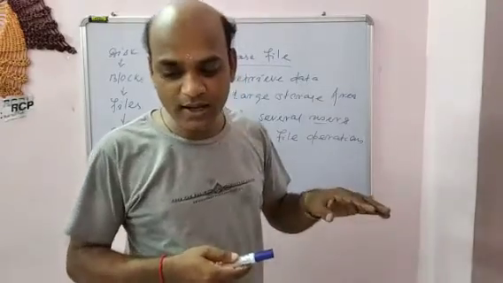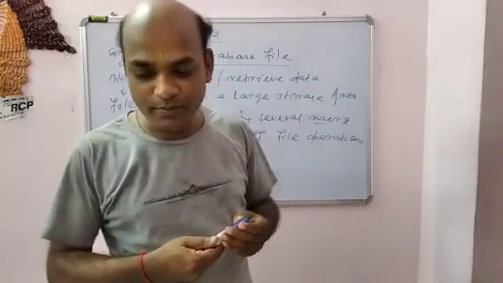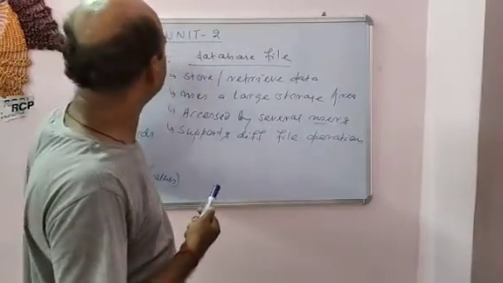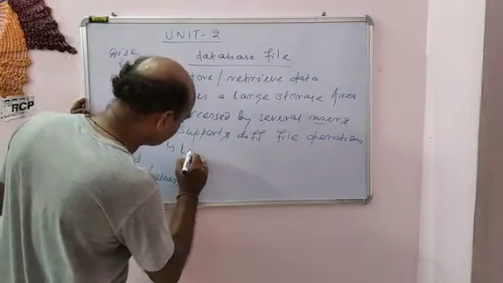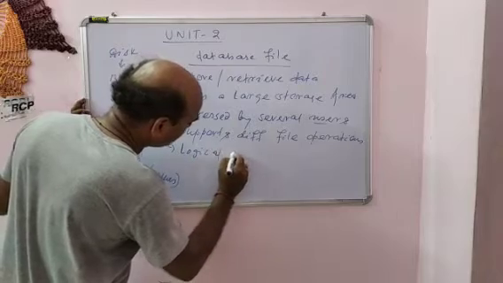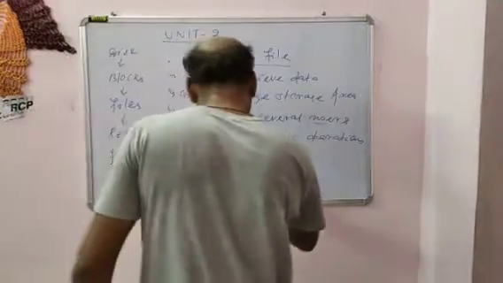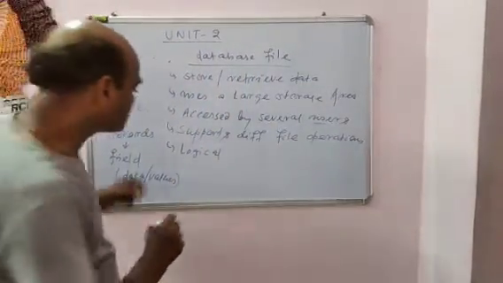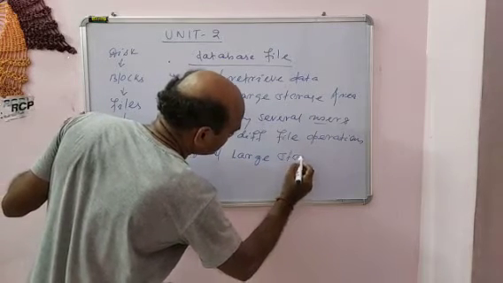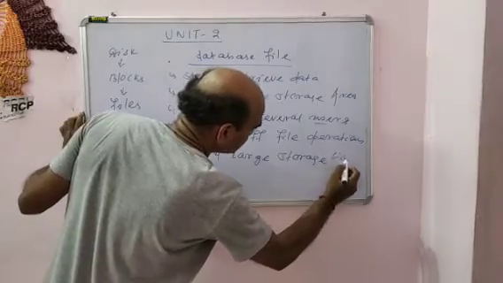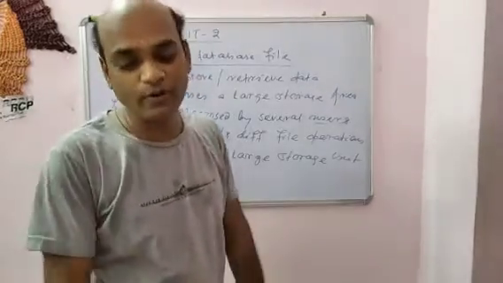Data are organized in a secondary storage medium, very logically. A database file is a logical unit. You can call it a logical large storage unit to store a huge amount of data.